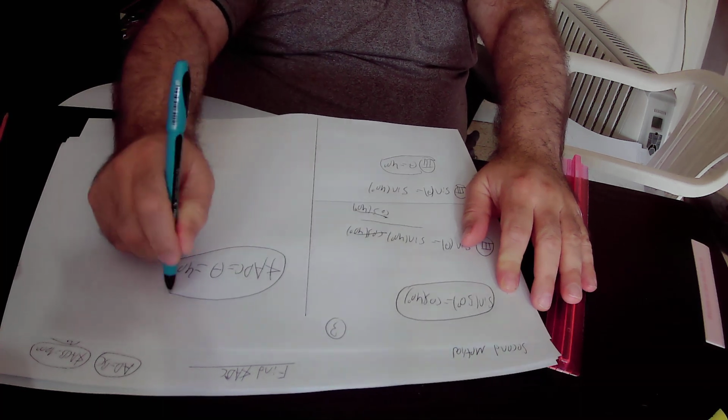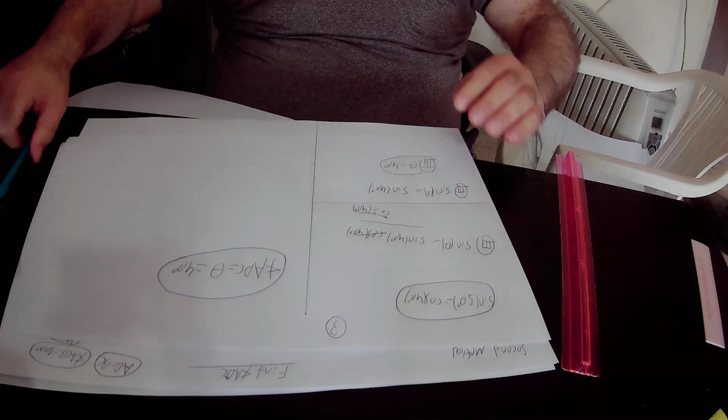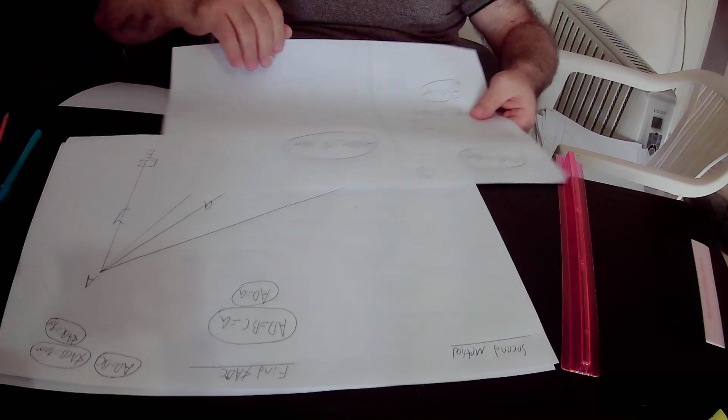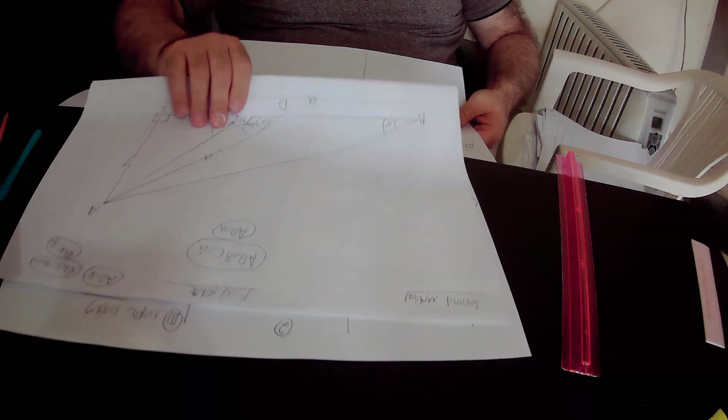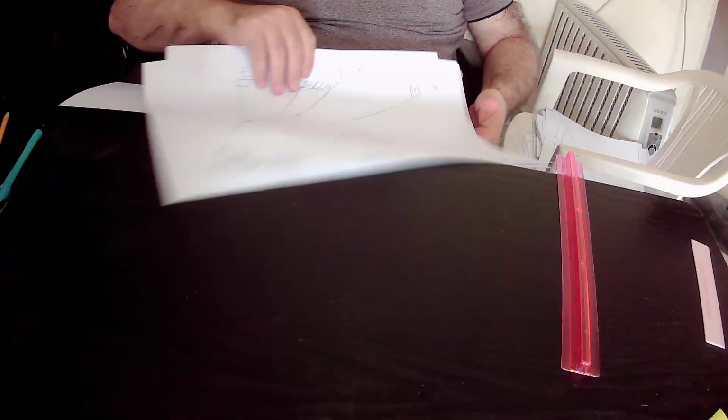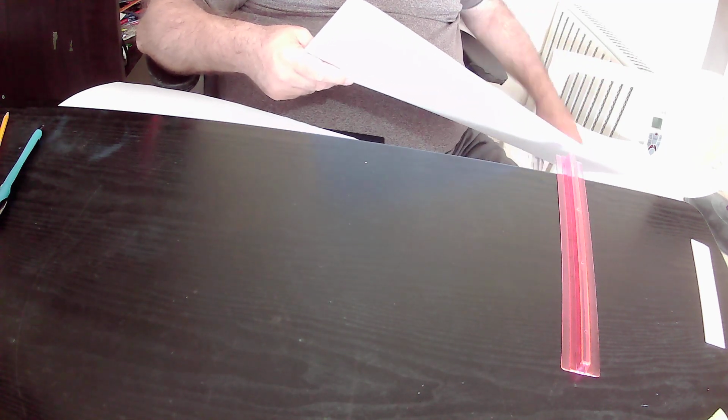So in both methods we found out that angle ADC equals to 40 degrees. In the next step I will summarize the lecture. Actually we wanted to find out the value of angle ADC. We found the angle ADC in two different methods.